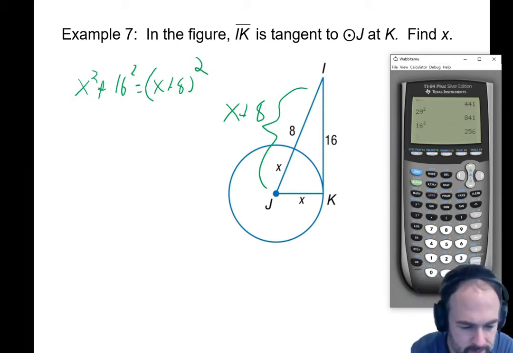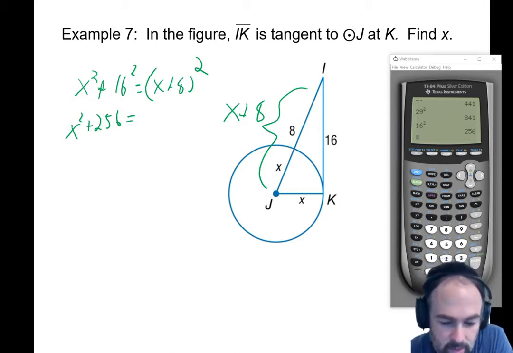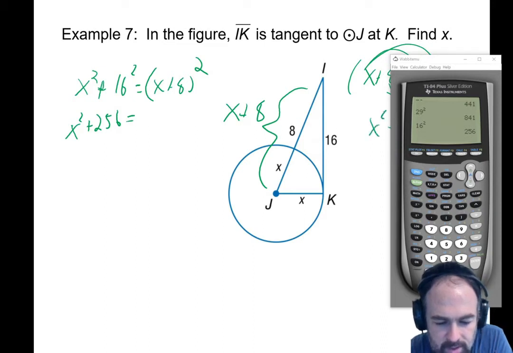I should know that, 256. X squared plus 256 equals, now x plus 8 squared, remember we have to actually FOIL that out. That's x plus 8 times x plus 8. When I do the FOIL method, I'm going to get x squared plus 16x plus 64.